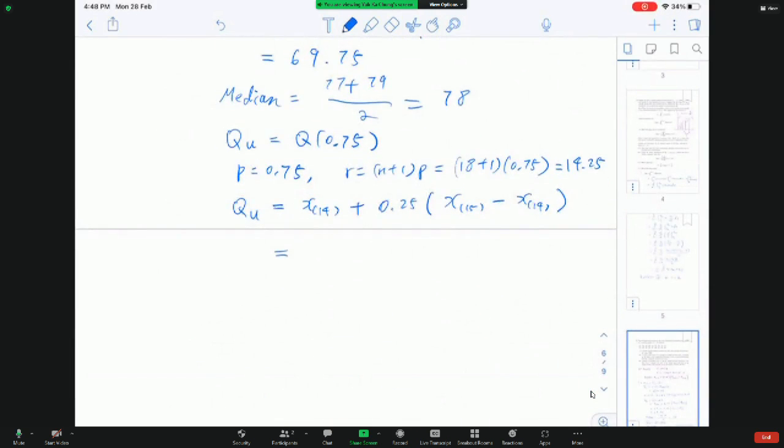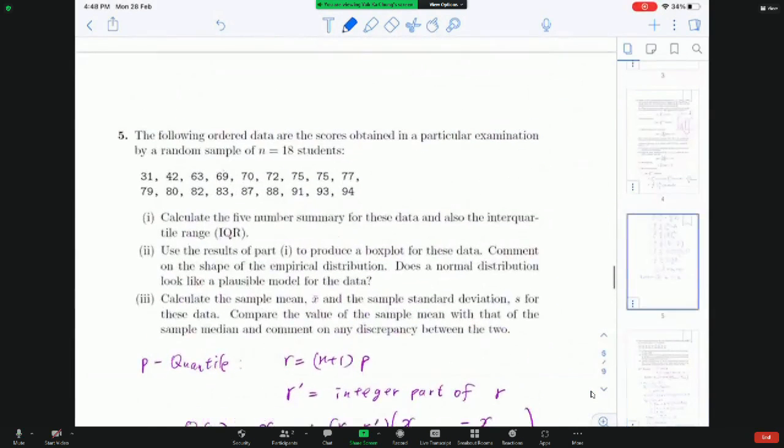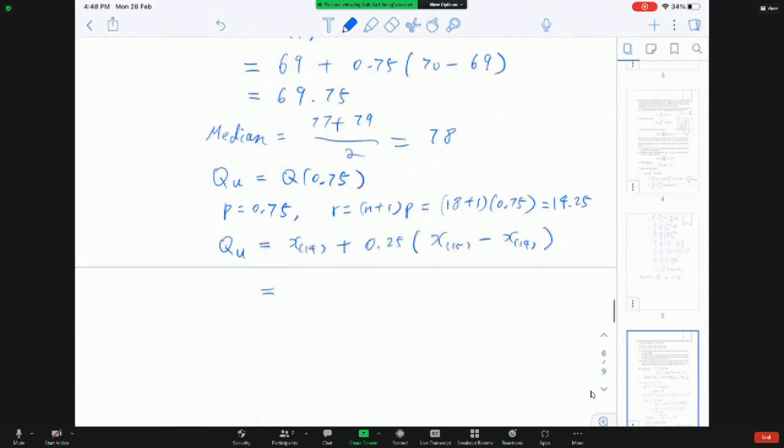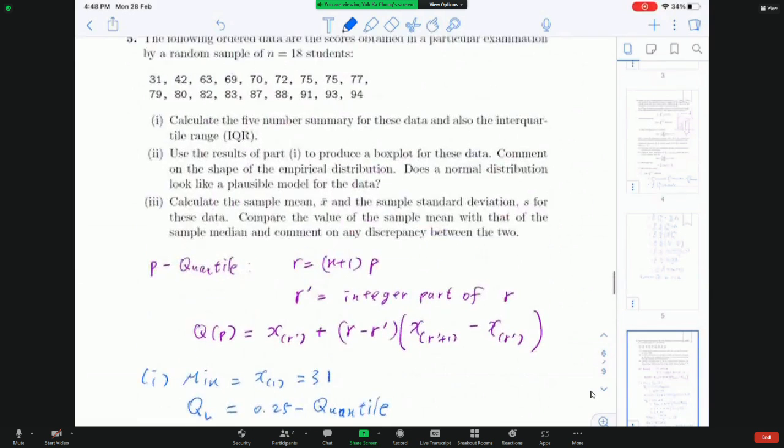So we just do the simple counting. The 10th number here, 11, 12, 13, and 14, and 15. So there will be 83, and 87. Oh, sorry.